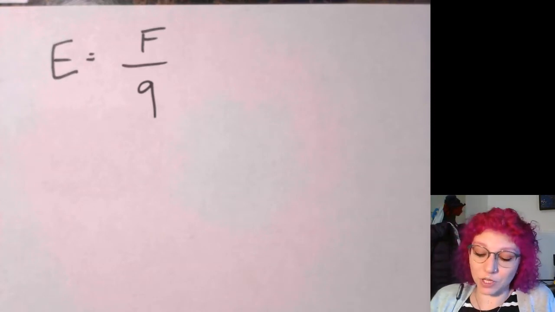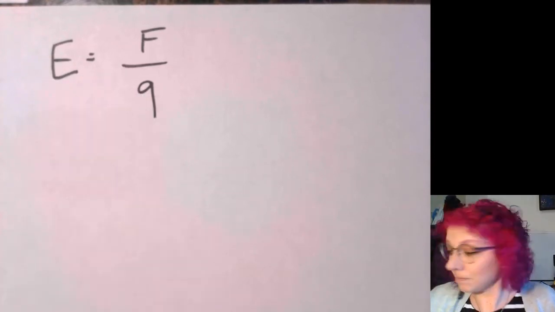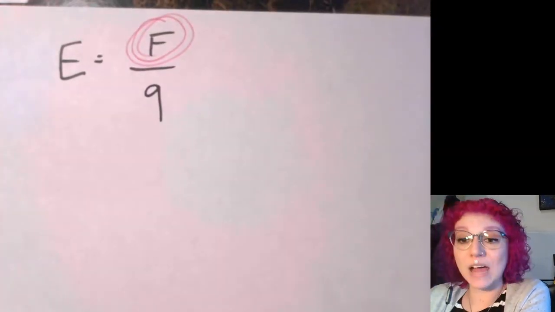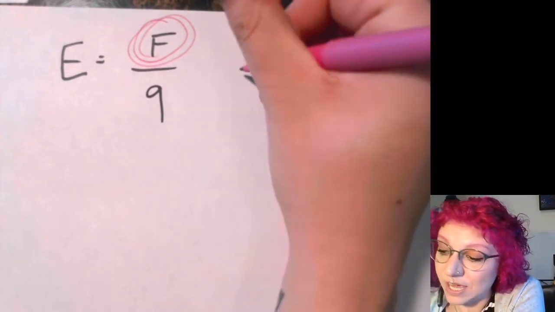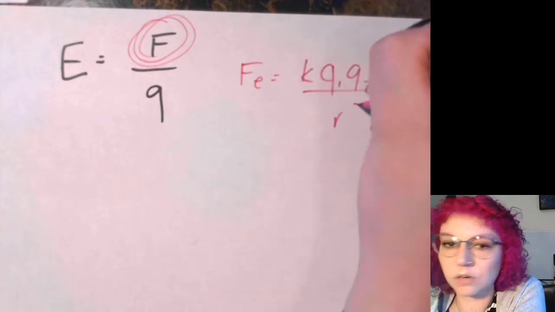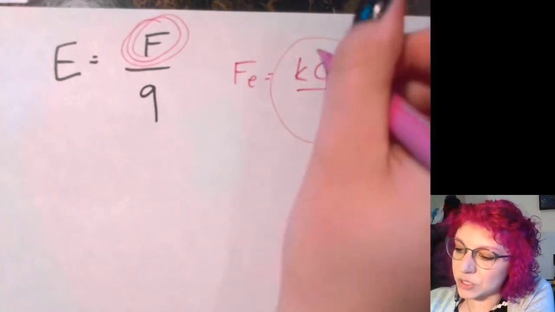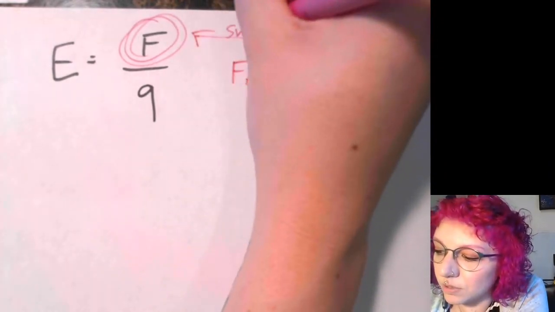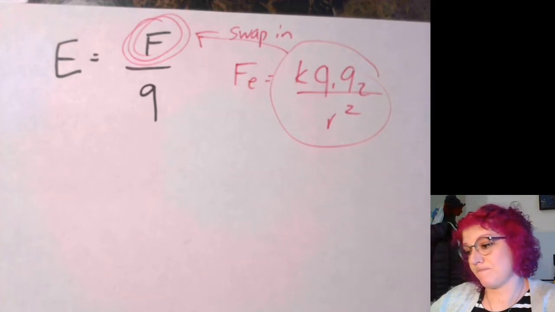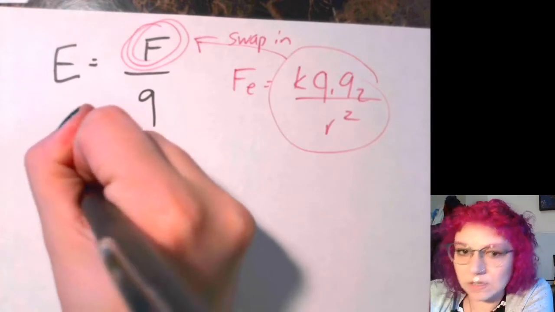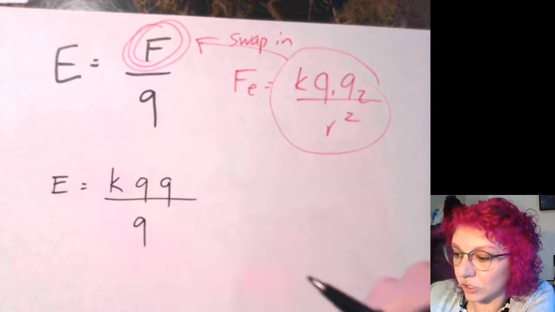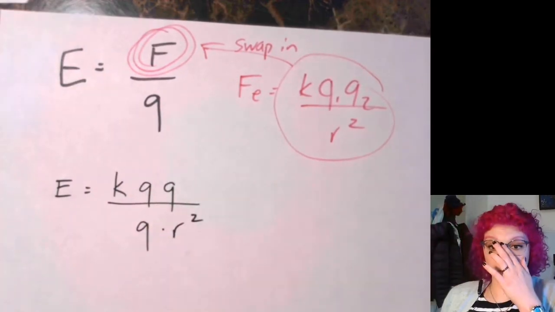I told you that Coulomb's law would come back to this equation. And we know from last week that we can find the value of the electric force between charges, and that is just equal to Coulomb's law, Q1 Q2 over R squared. So I can swap that in to this equation, and I'm going to simplify it a bit. So we have E is equal to K, Q times q over q times R squared.